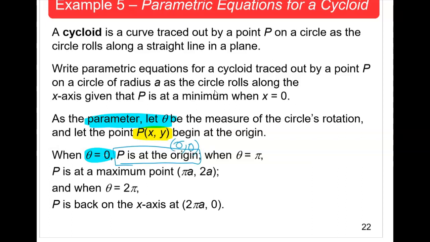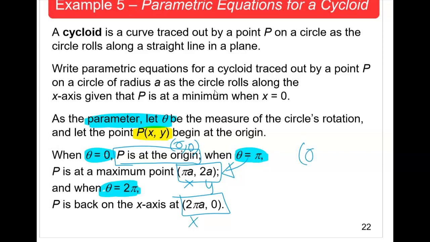But now if we let theta equal pi, then the point that will be matched with it will be right here. So x will be pi a, and y will be 2a. And if we let theta be a third value, 2 pi, and we substitute, then the point that we get is (2 pi a, 0).